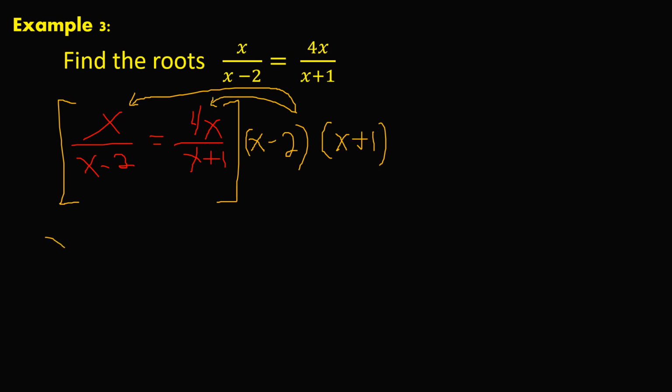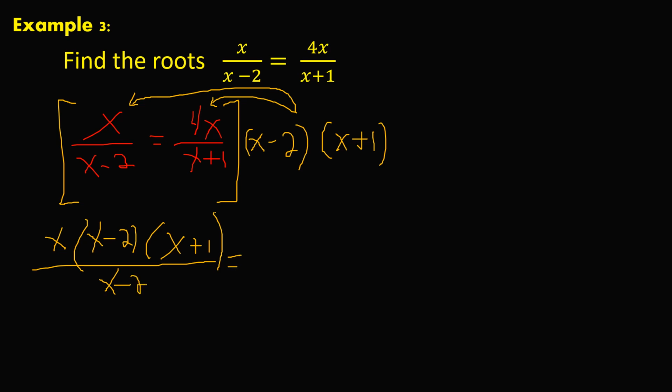So we multiply x times the LCD, x minus 2 times x plus 1, all over x minus 2, equals, on the right side of the equation, 4x times x minus 2 times x plus 1, all over x plus 1.